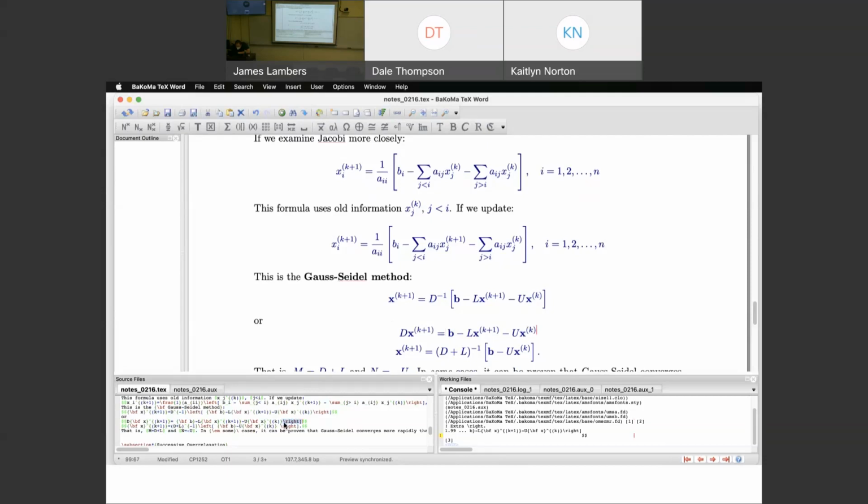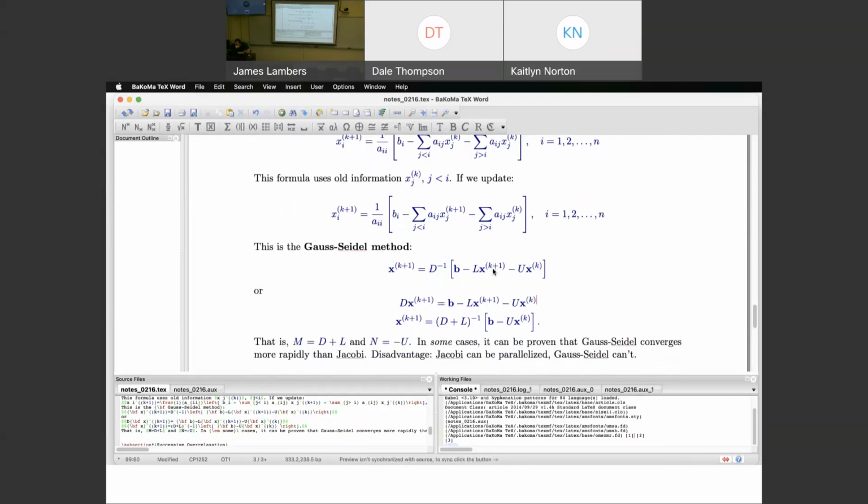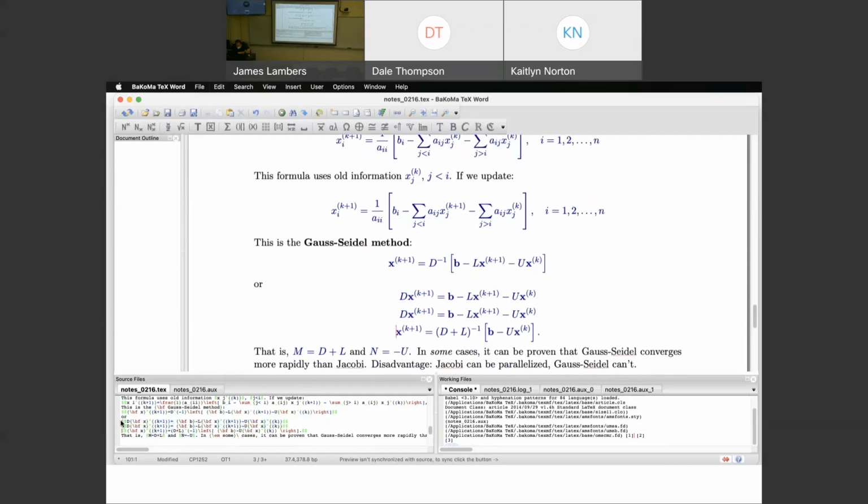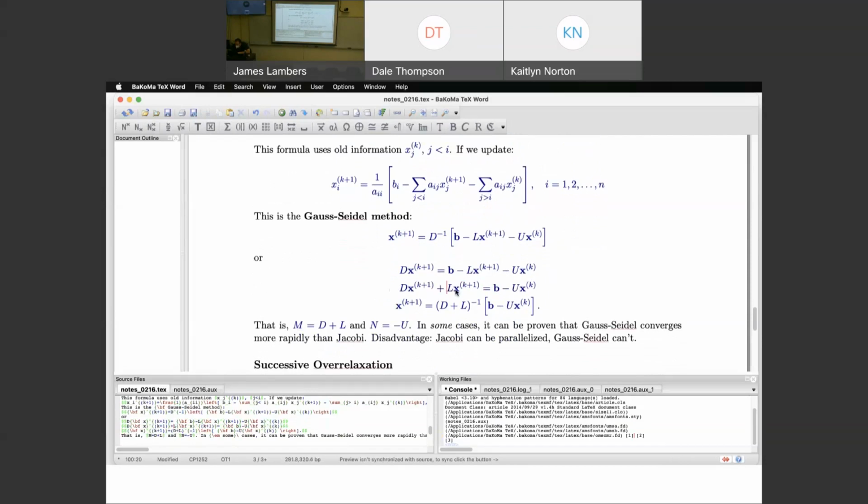And then I'll take the minus L xk plus 1 term and move it to the left side, and now I'll factor out xk plus 1 on the left side.